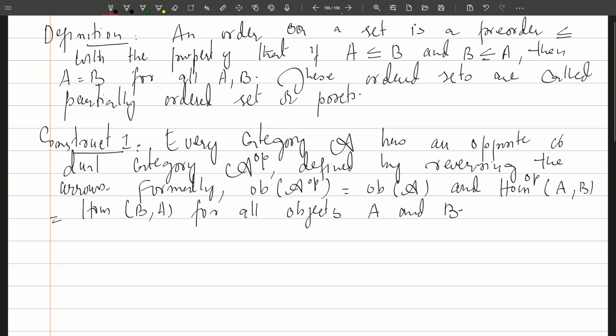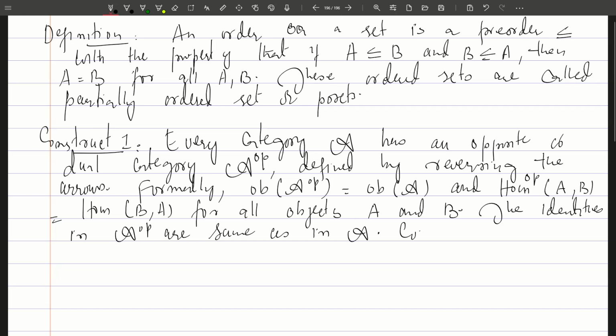I mean, they don't change. The identities in the opposite category are the same as in the given category, but composition gets changed.